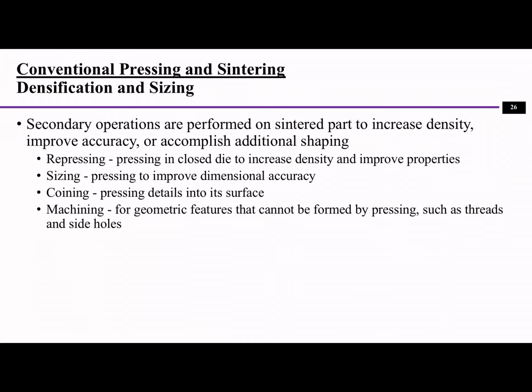Because of shrinking, when making the green compact we give a lot of compensation for shrinkage, so it may be a little bit oversized, but after sintering we can resize it to get better dimensional accuracy. And also coining, pressing details into its surfaces, and of course machining as well if we need it.